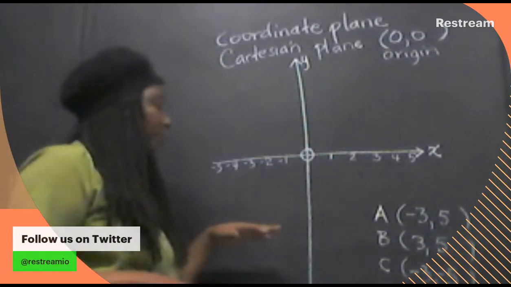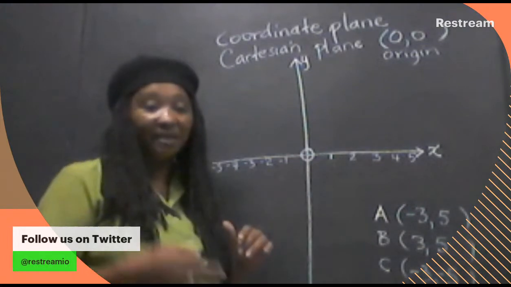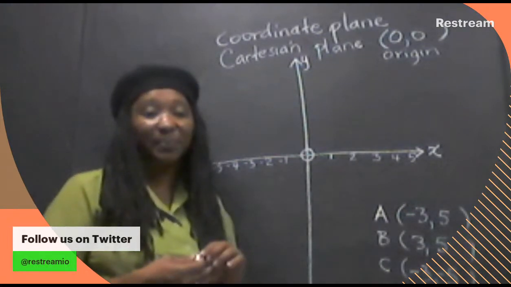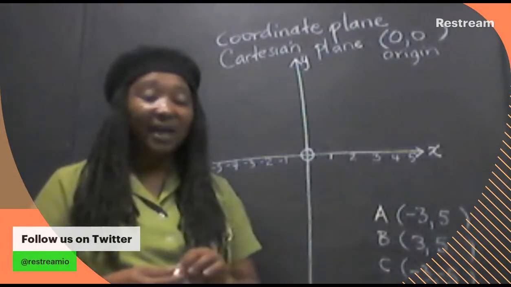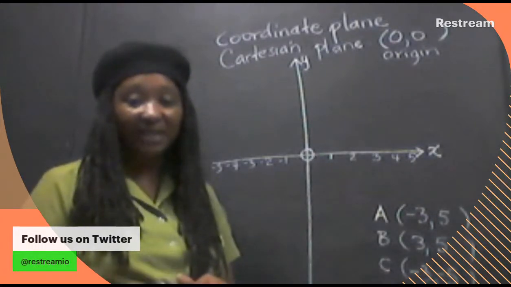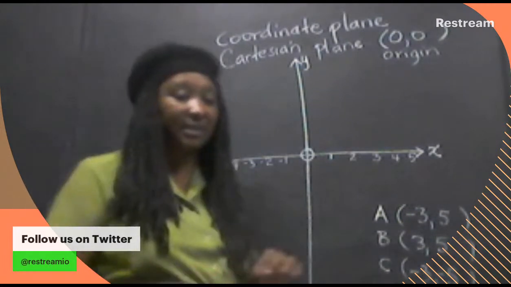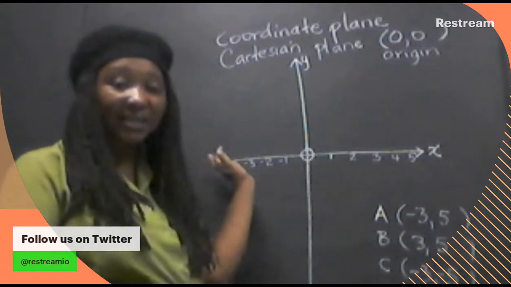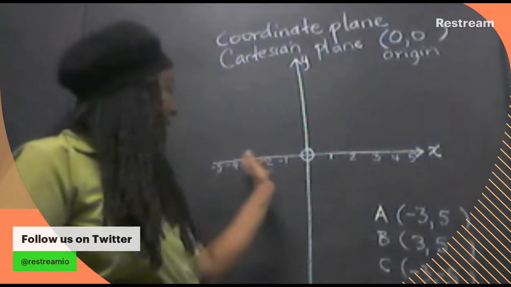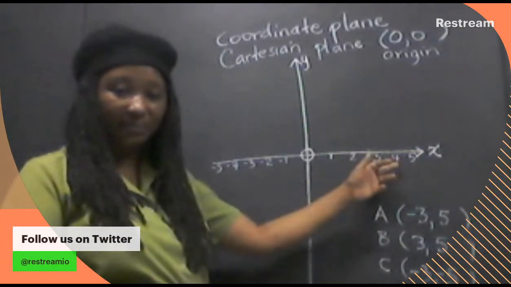All right, so the scale is the space, the value that you're going to give to the space on each axis. Now you can have a different scale for the x-axis and a different scale for the y-axis. But whatever scale you choose for each axis, it has to be consistent along the axis.